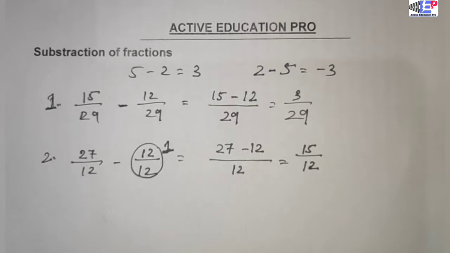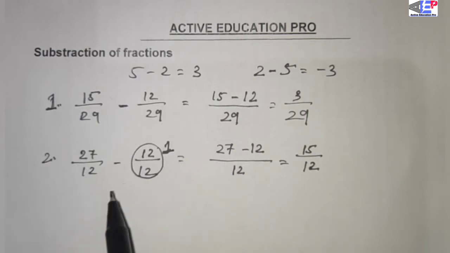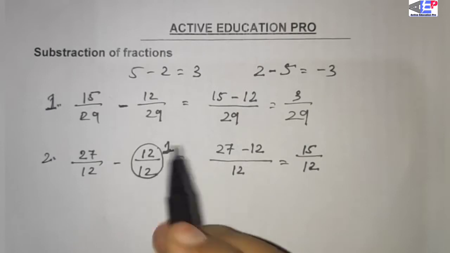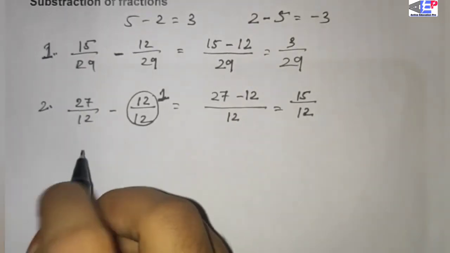In the same way, we also learn here how to subtract a whole number. Here 27 by 12 minus 1. Here I subtract a whole part, 1. So let's see how to subtract a whole number.